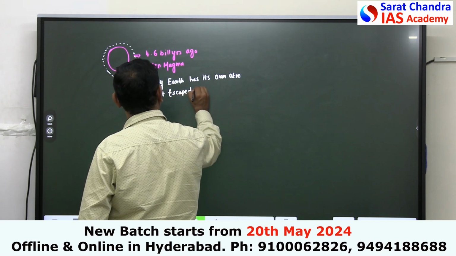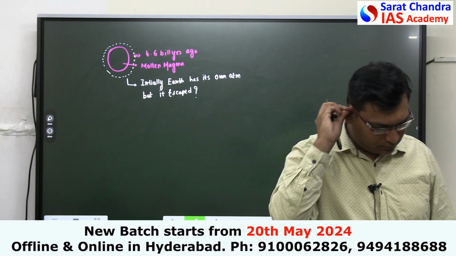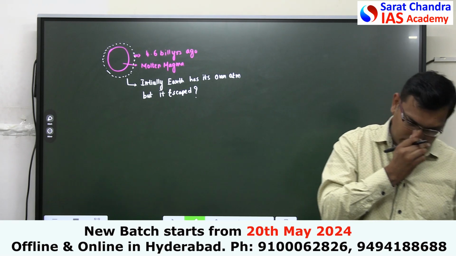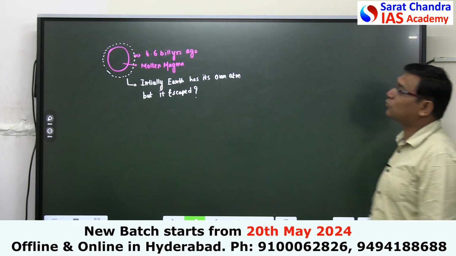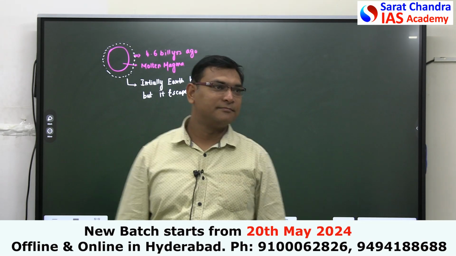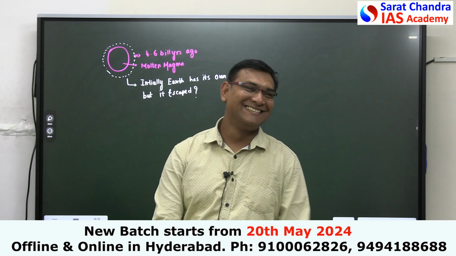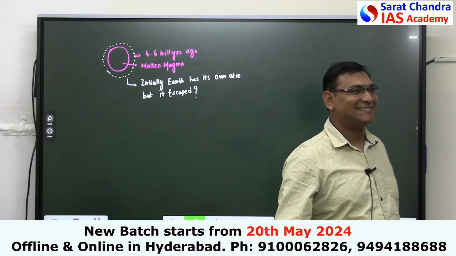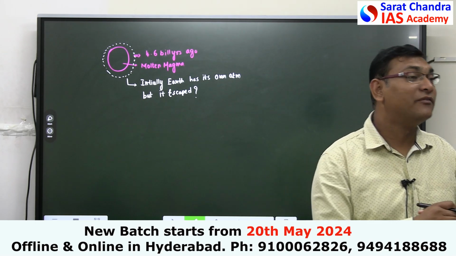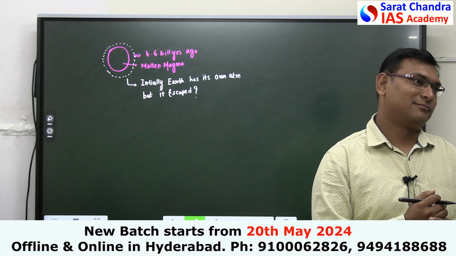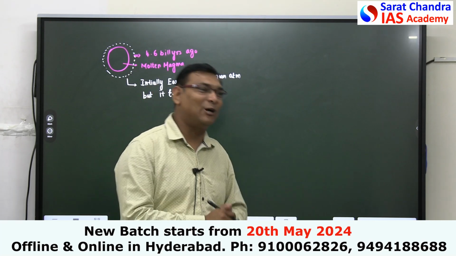Why? The question is, why did it escape? What were the reasons? Think. What could be the reasons? There is no vegetation at all. Helium, hydrogen was there. There is no water at all.